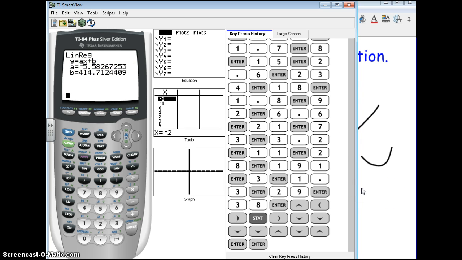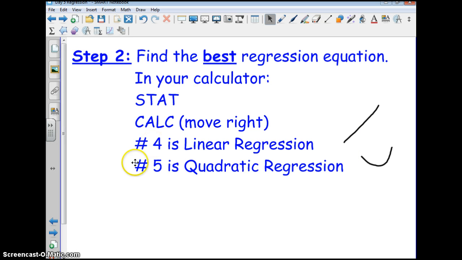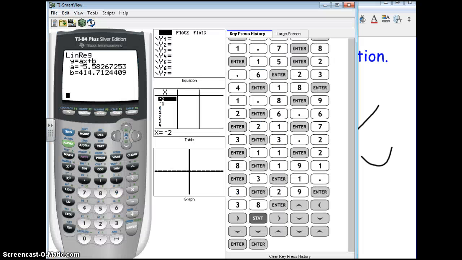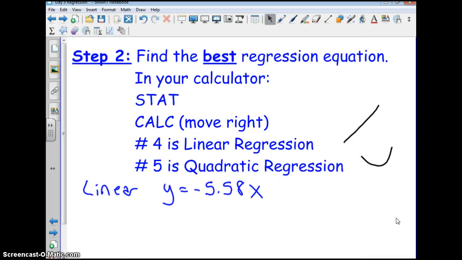So negative 5.58, let's write that on here. That has the x next to it. And then we're also going to grab the b value, and that says it is 414.71.